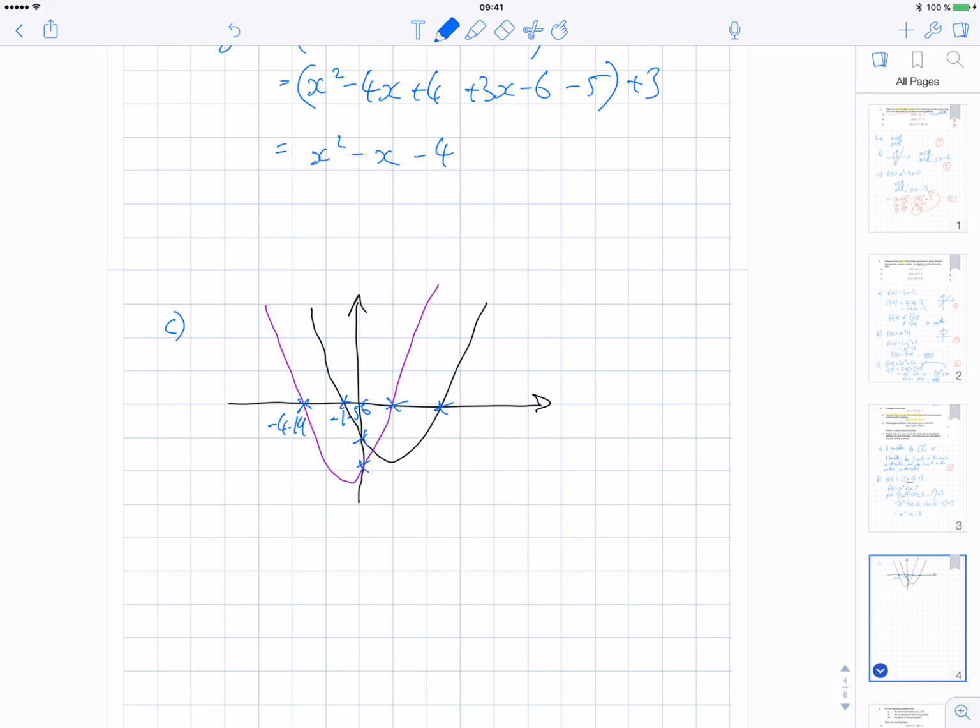That's 1.19. And then we've got one more x-axis intercept, 2.56.